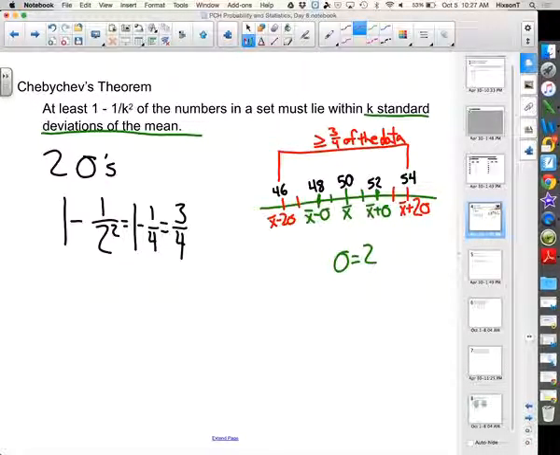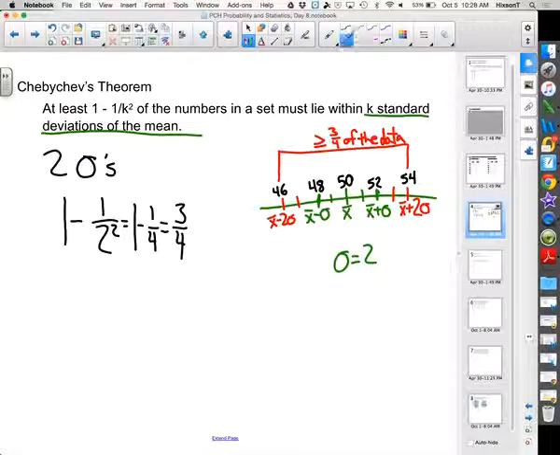All right? Does that make sense? So now, can it be more than 3/4? Yes, but at least 3/4 has to be in that range, is what Chebychev proved. Okay?